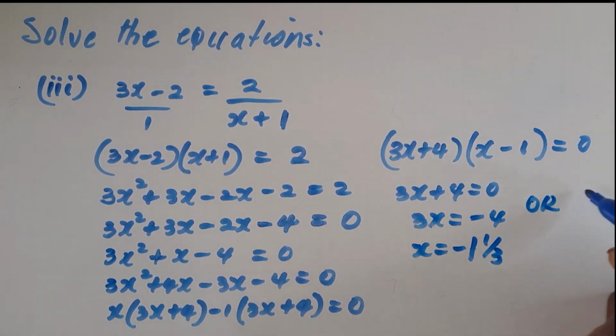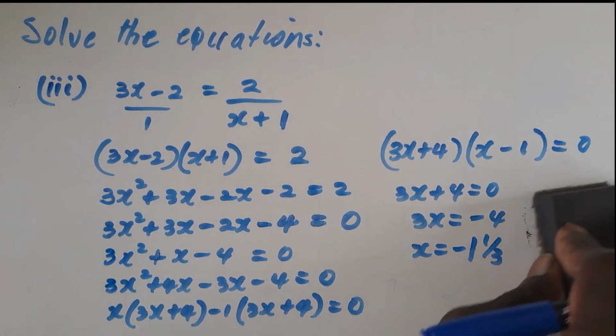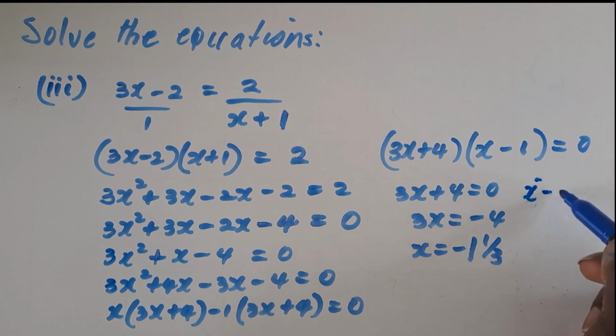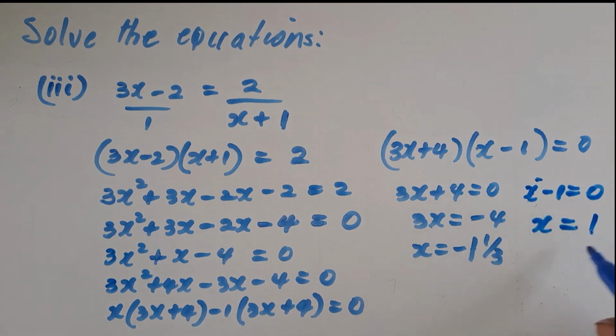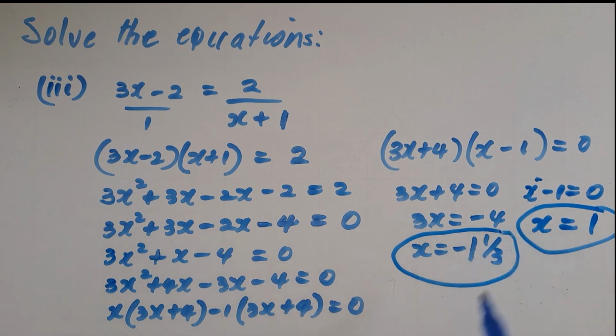Or we can write that x minus 1 is equal to 0, giving us that x is equal to 1. So these are the two solutions to this equation, x equal to negative 1 1/3, or x is equal to 1.